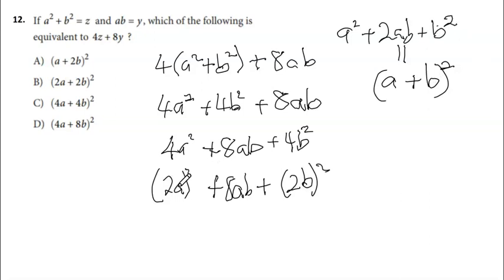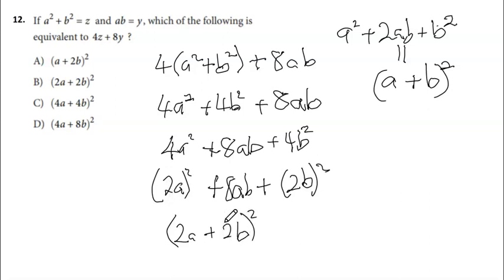So we look at this, right? And we can infer from this that if we write 2A plus 2B, and then we square it, it's going to be equal to this, right? Let's check and see. 2A squared is going to be this, right?